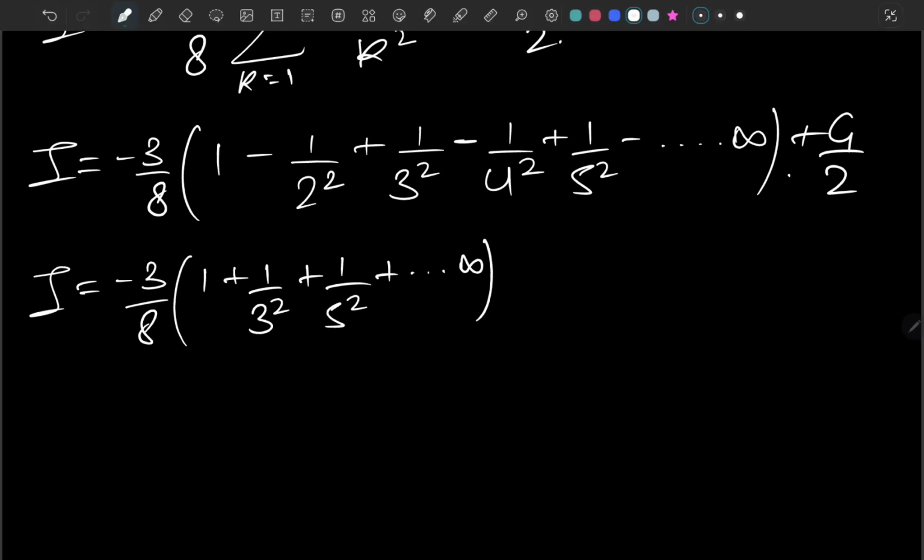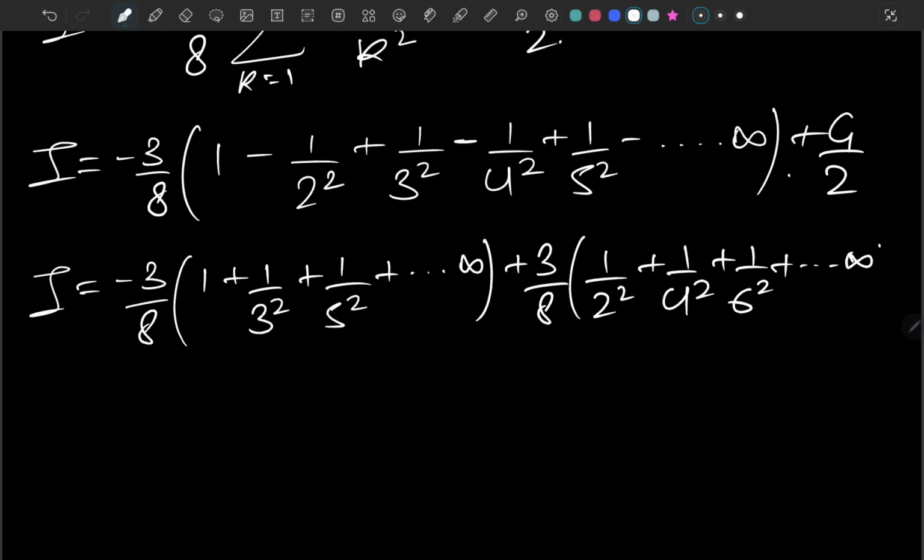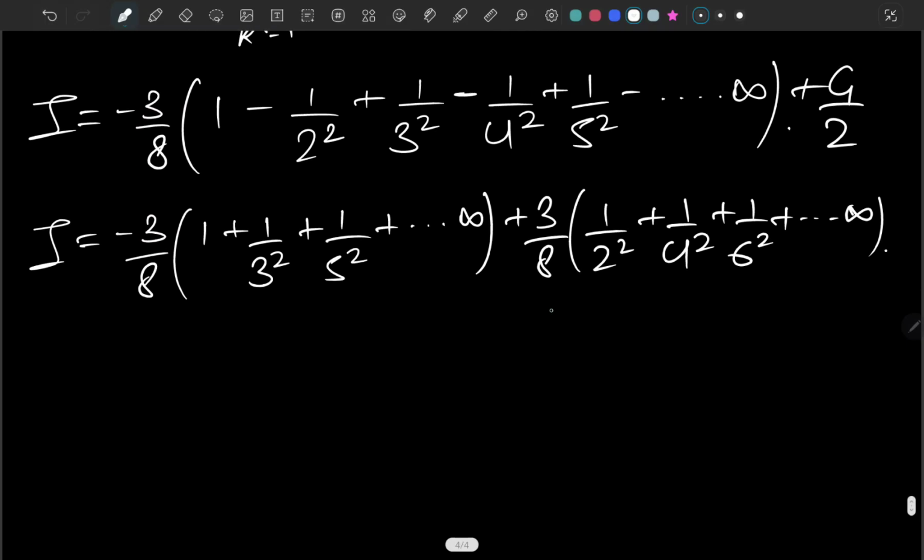And for the even reciprocals, like 2, 4 and 6, we have a negative in front of all of them, so let's take it common, and that would be a positive 3 over 8 times 1 over 2 squared plus 1 over 4 squared plus 1 over 6 squared and dot dot dot to infinity, and don't forget about the G over 2.